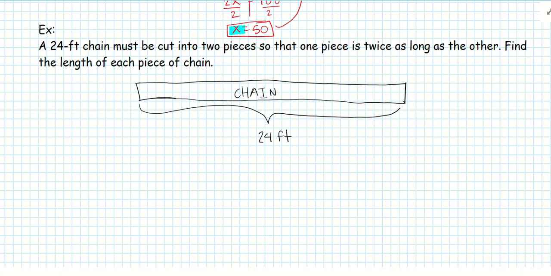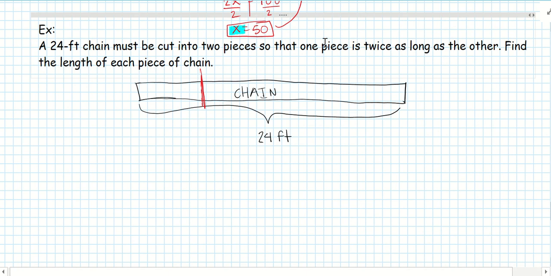However, they are telling us that this is going to be cut into two pieces, right? So that one piece is going to be as long as the other. So let's say it's going to be cut over here. So we have piece 1 and then piece 2.